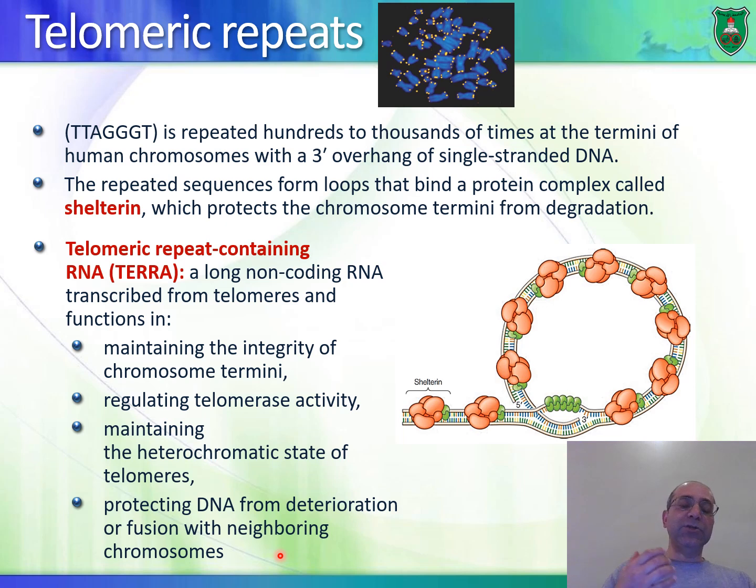Now, there are genetic abnormalities whereby you can have chromosomes fused with each other, and it would be fascinating to know what the role of TERRA is in chromosomal fusions. So this is really fascinating and up-to-date information.